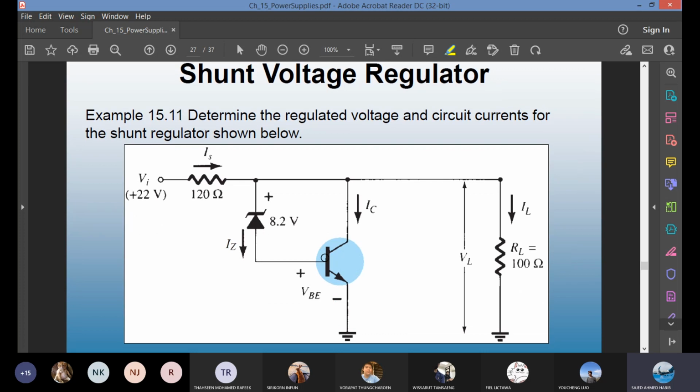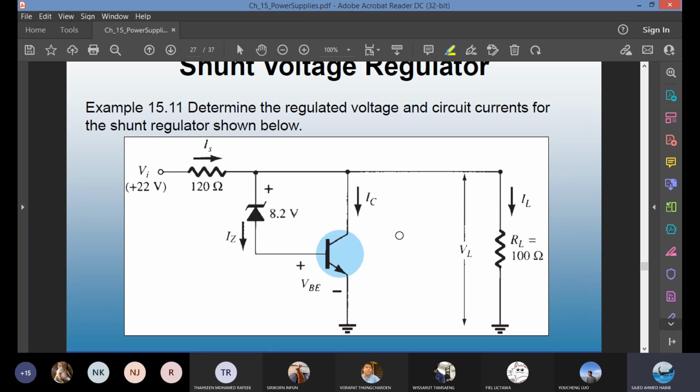Example 15.11. Determine the regulated voltage and circuit currents for the shunt regulator shown below. Let's find out Vout first. What is Vout in this circuit? Vout equals VL. What value should we write? From here to here, what is the voltage?